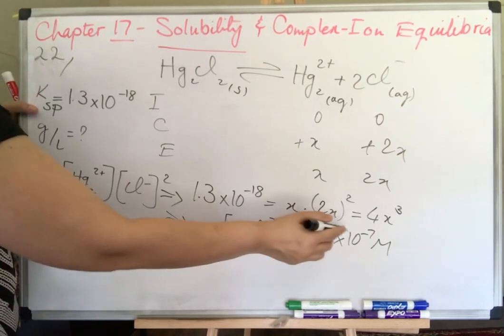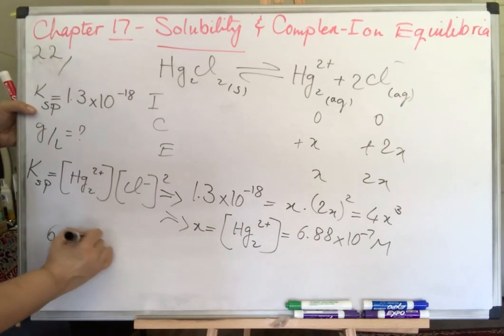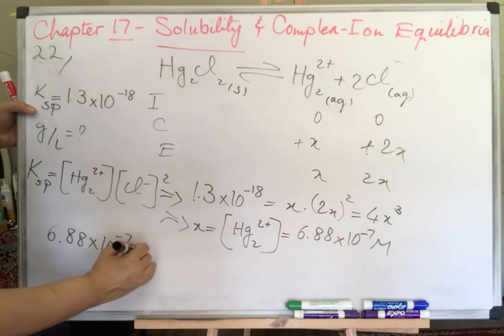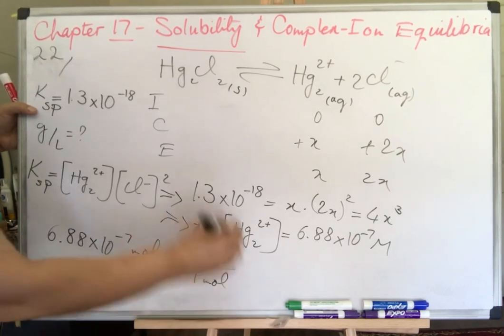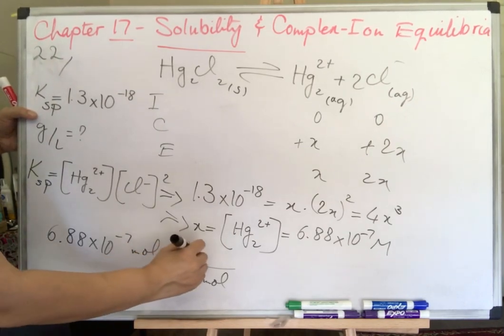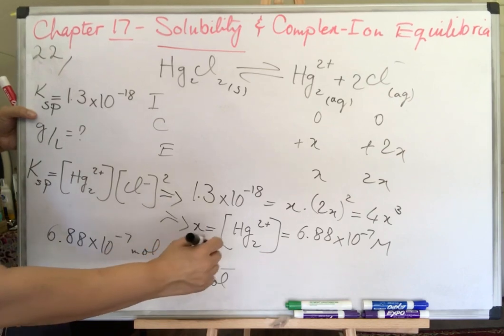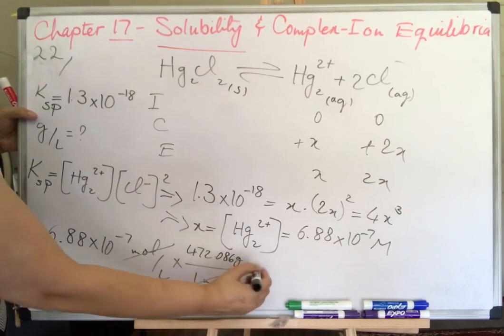Now this is moles per liter, so 6.88 times 10 to negative 7 moles per liter, and then use the molar mass of Hg2Cl2, which is 472.086 grams. So moles and moles are canceled.